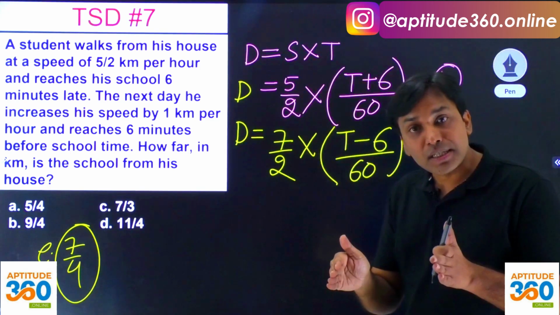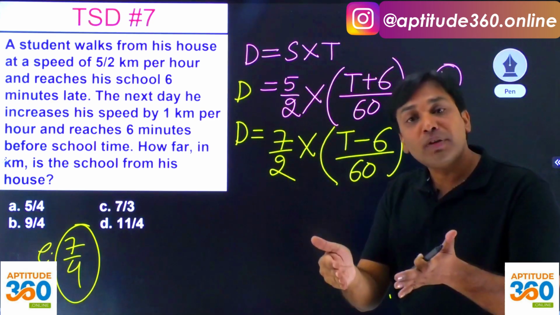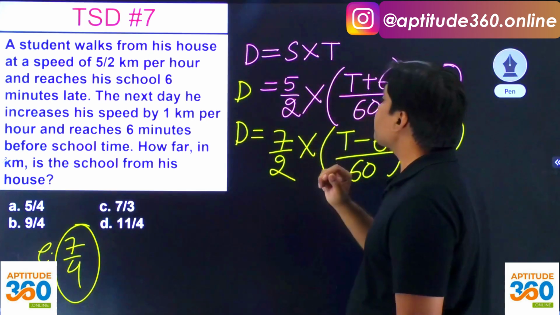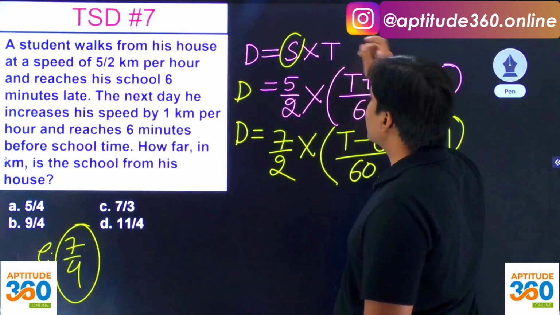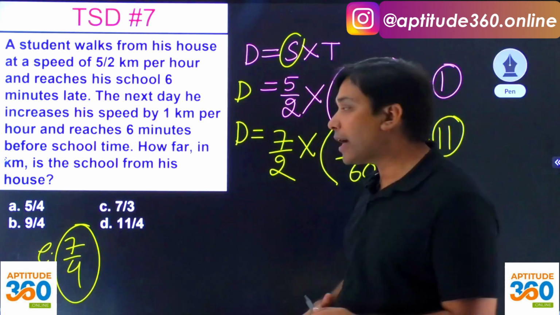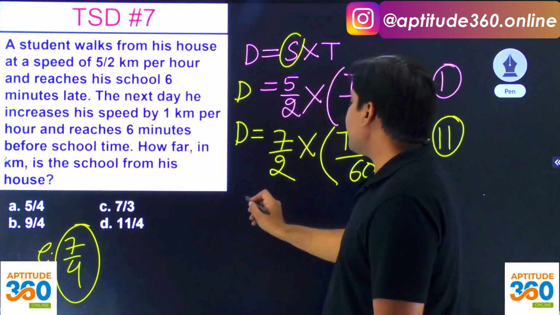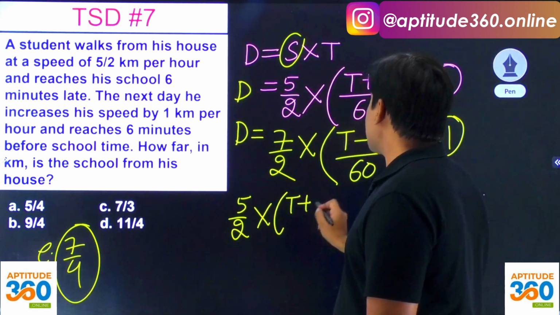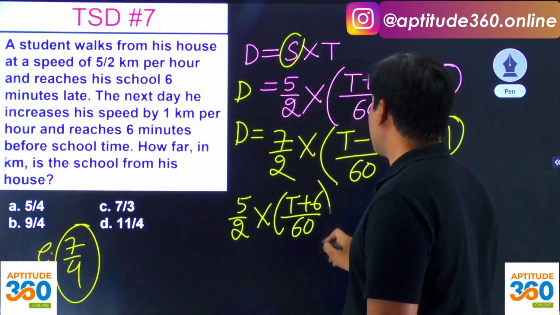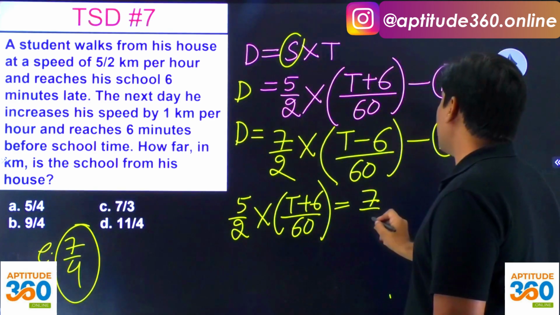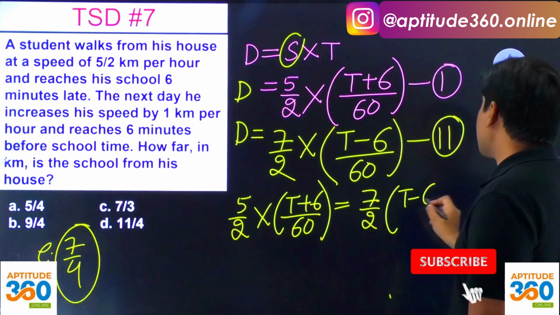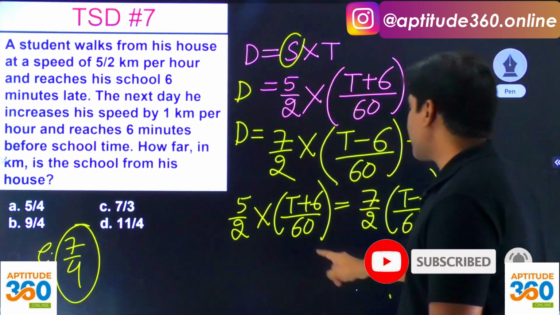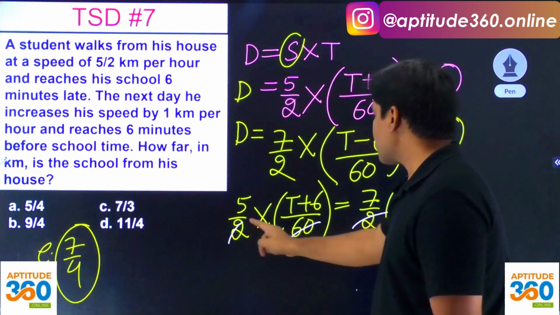एंड प्रॉब्लम में अब क्या हो गया, बिकॉज बोथ ऑफ दीज टू आर डिस्टेंसेस एंड इफ यू इक्वेट देम, डोंट यू थिंक दैट यू विल हैव द वैल्यू ऑफ t। हाउ फार, सो हाउ फार का मतलब क्या हो गया, नाउ स्पीड तो ऑलरेडी आपको पता है, किसी एक इक्वेशन में t की वैल्यू प्लग इन कर दो, यू विल हैव द वैल्यू ऑफ डिस्टेंस। Now if I equate this, 5/2 into (t + 6)/60 is equal to 7/2 into (t - 6)/60, and if I simplify this, what am I going to get? 60 is gone, 60 is gone, 2 is gone, 2 is gone from here.